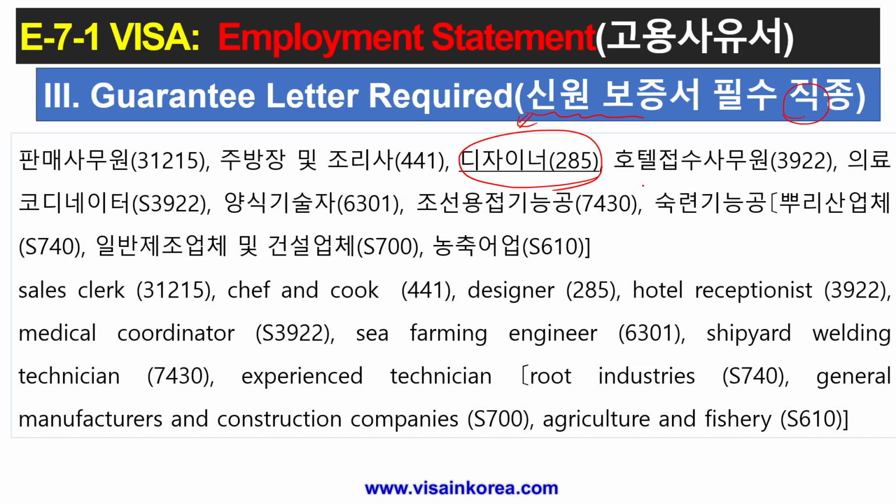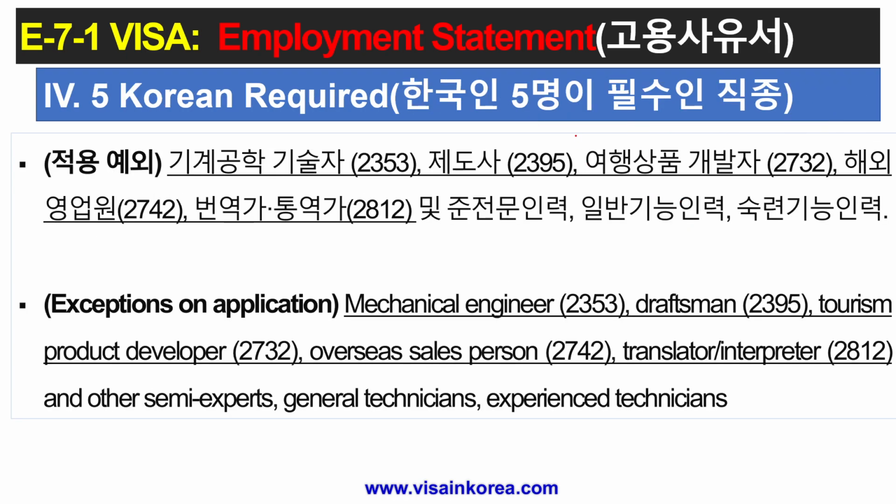Okay, and then you can read the rest of the things, E7, 2, 3, or 4, which are required for the guarantee letter when you apply for E7-1. The rest of things, E7, 2, 3, 4, the visas.